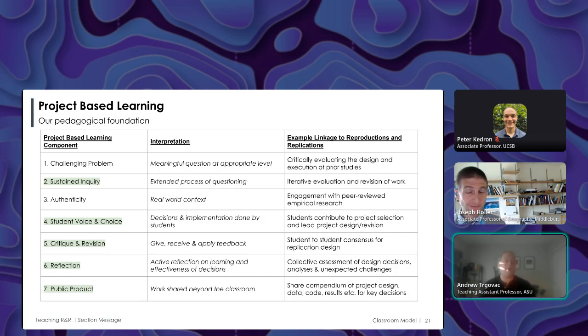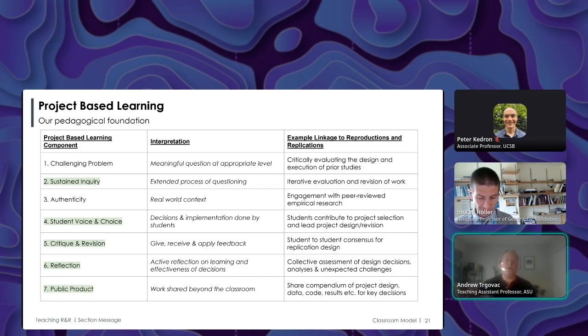So a challenging problem, well, we want to make sure that the question that the students are trying to answer is at the appropriate skill level for what they're trying to do. Sustained inquiry, this is, again, an extension of a process of questioning. Authenticity, we're grounding that in a real world context. Student voice and choice, making sure that the students are involved not only in the decision making, but then the implementation of what is going to happen with the project.